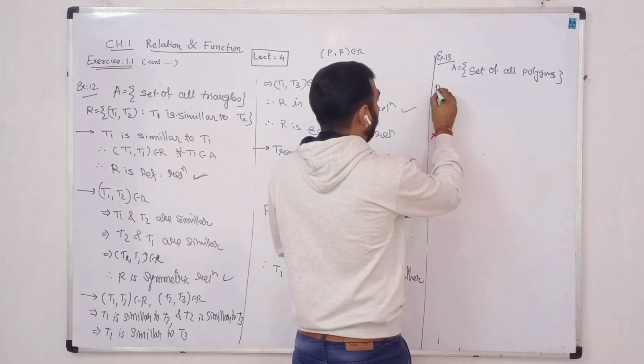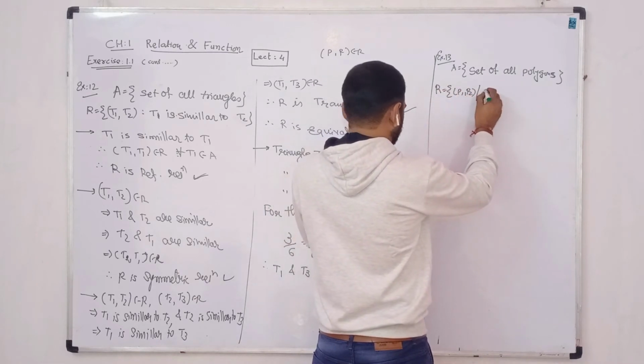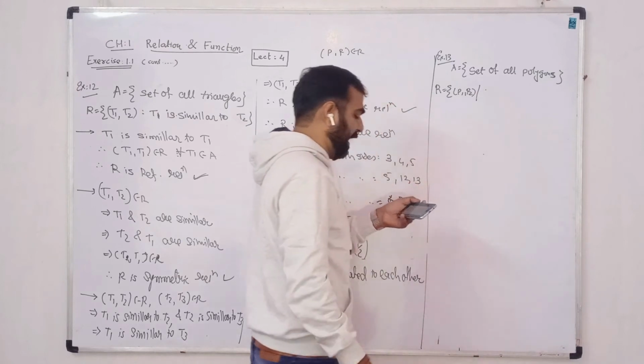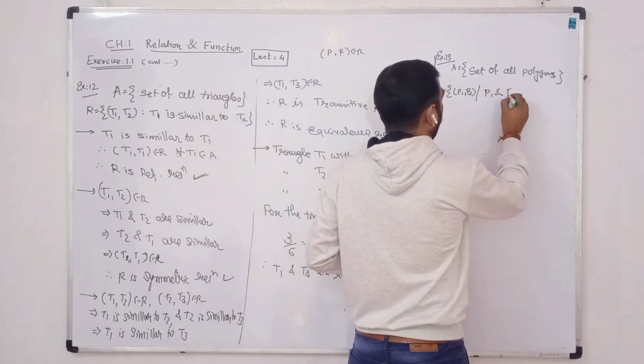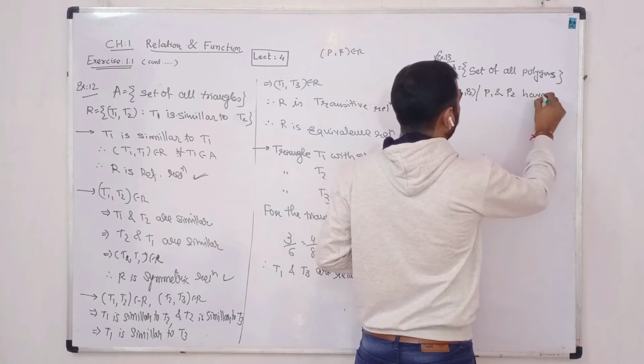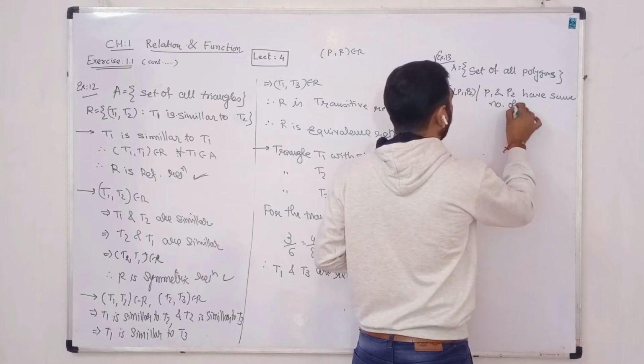Okay, जिसमें R क्या दिया हुआ है, P1, P2 such that P1 and P2 have the same number of sides.